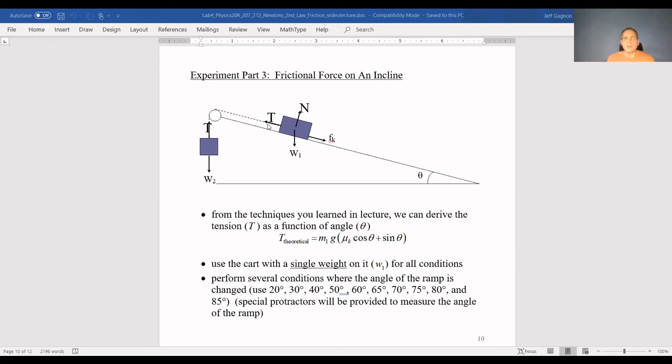On the other side, we have the string attached to the cart. It goes over a pulley, and then we have a suspended mass here. Now, what I did was I adjusted the mass on the suspended mass, so how much mass I put on there, such that when I gave this a little tap to overcome the static frictional force, the cart moved with a constant velocity up the ramp.